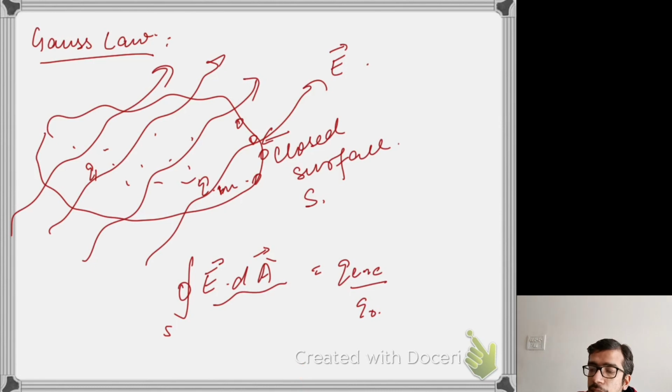This equals Q enclosed over epsilon naught. Q enclosed is the total charge which lies within this surface, so it is the sum over i of Qi, over epsilon naught. It could be a continuous charge also, in which case I might have to take an integral, but this is how it will look. This is what is called Gauss law.